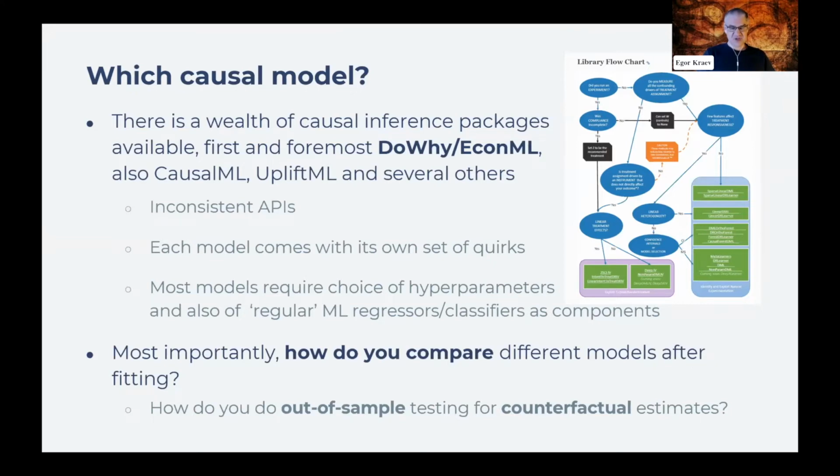And the biggest question there is, supposing you work your way through the APIs and make the models work, so you have 2 models or 10 models, each produces a set of estimates. How do you compare them? In the regular world of machine learning, you would reserve a part of the data as a test set, and then compare the models' performance over this holdout test set.